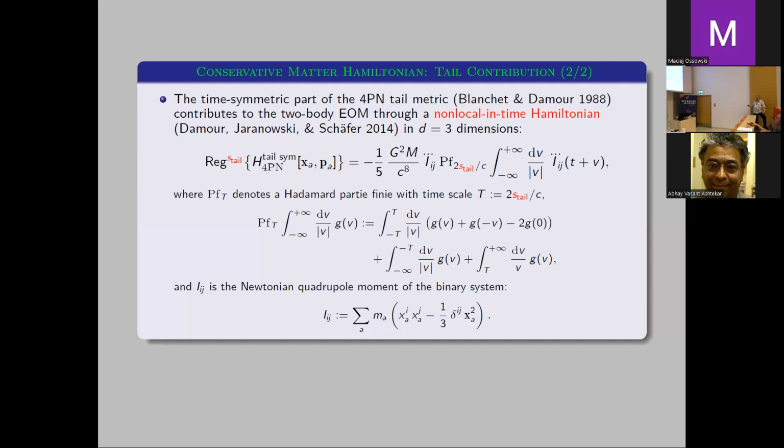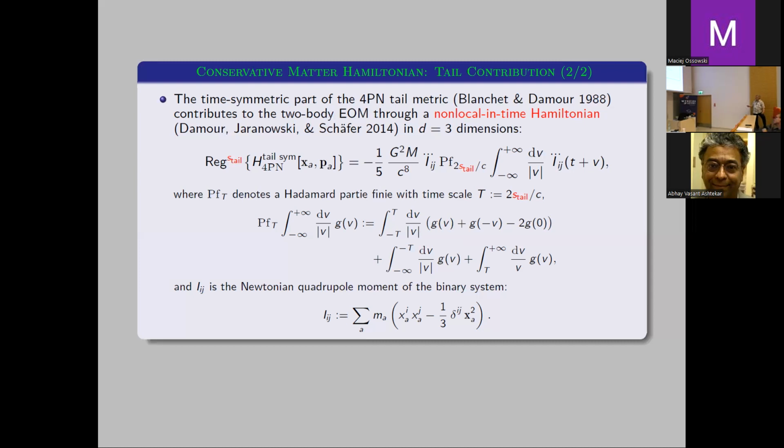Namely, if you have some scale T and you have such a divergent integral, the Hadamard partie finie of this integral means that you are doing the following thing. The interval from minus to plus infinity is split into 3 parts, namely from minus infinity to minus T, from minus T to plus T, and from T to plus infinity. These 2 contributions are fine.